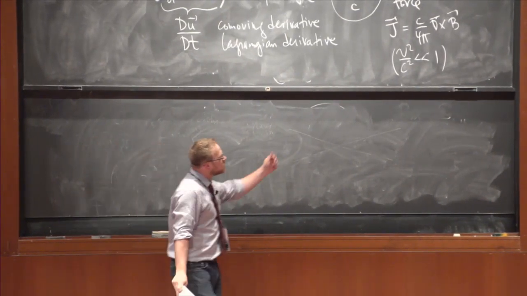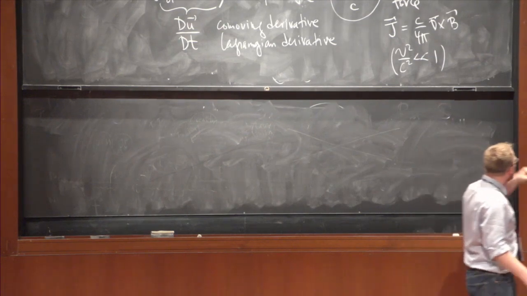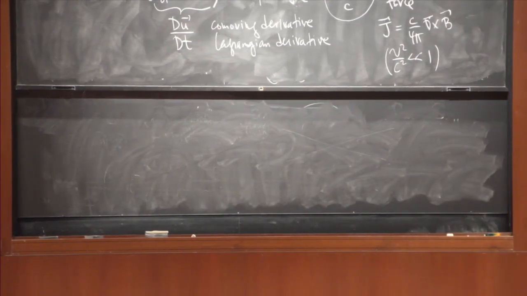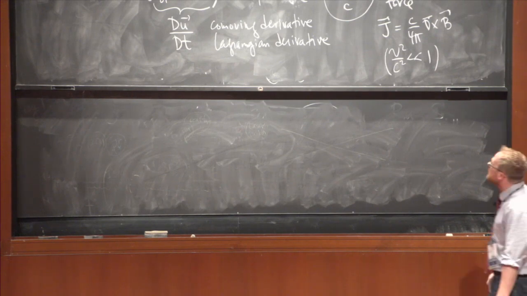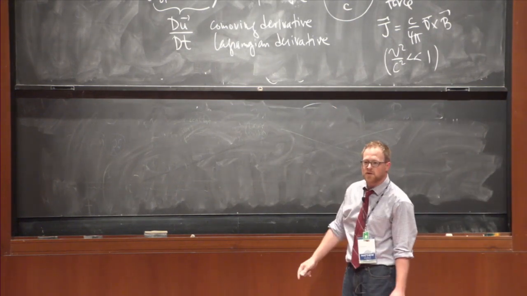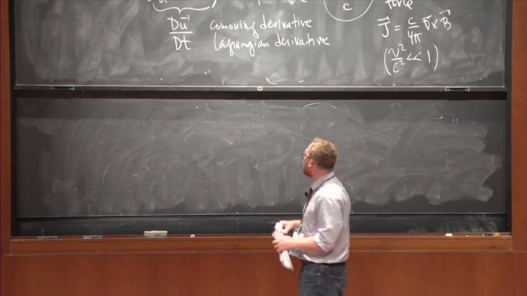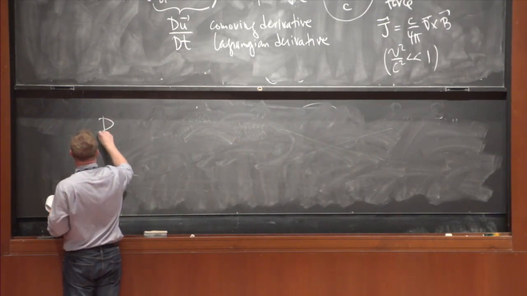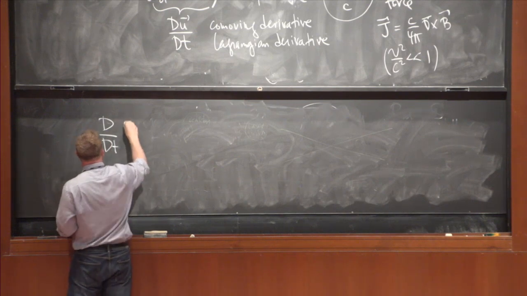So one thing that you can do is you can take this form of the induction equation and you can take that top form of the continuity equation and you can combine them. And that's done in the notes. The reason it's done in the notes is that I don't have to do it up here.